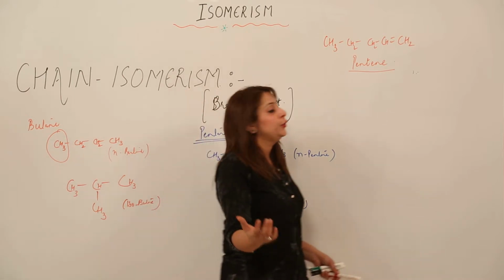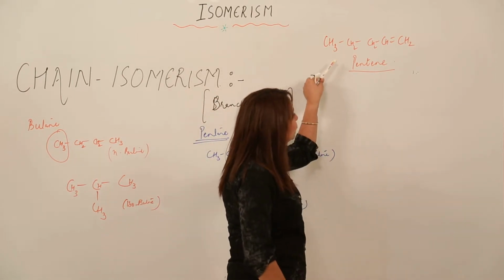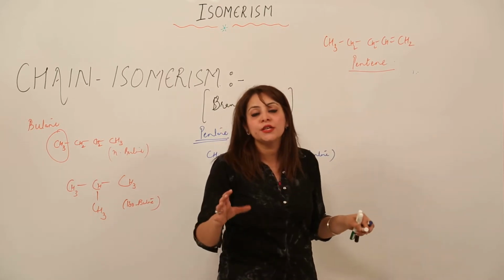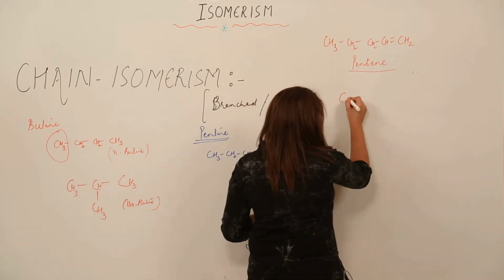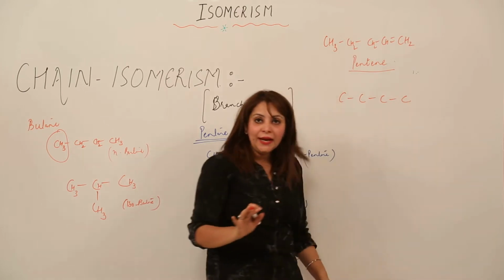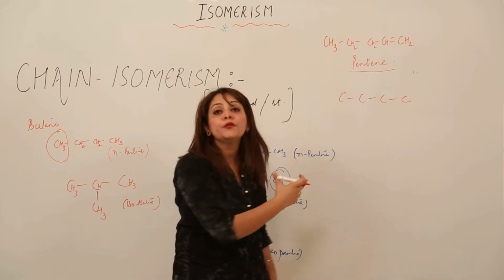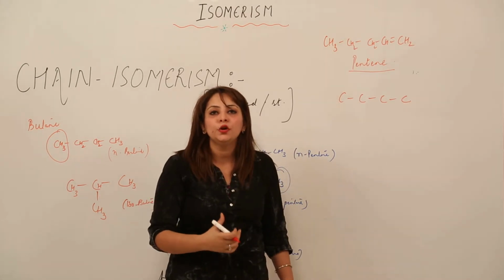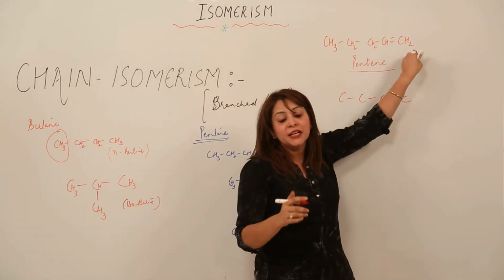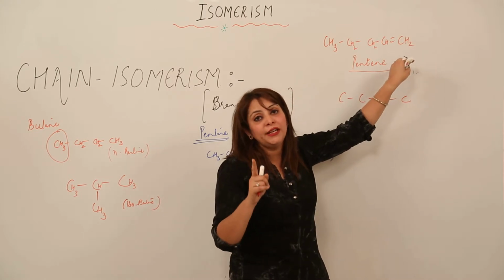So, see how I am going to condense the chain. I am now going to reduce this 5 carbon atom straight chain to a 4 carbon atom straight chain. So, this is what I have. Now I'll be assigning a place to the 5th carbon. I'll be moving that methyl group, because I cannot move this double bond; we cannot change the position of the functional group.